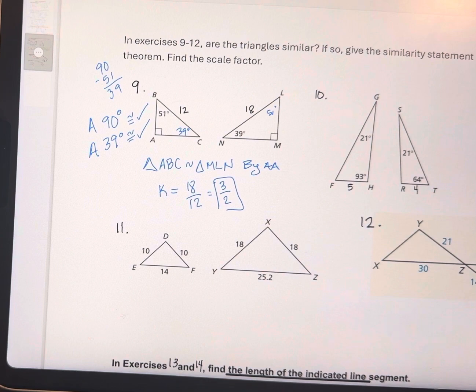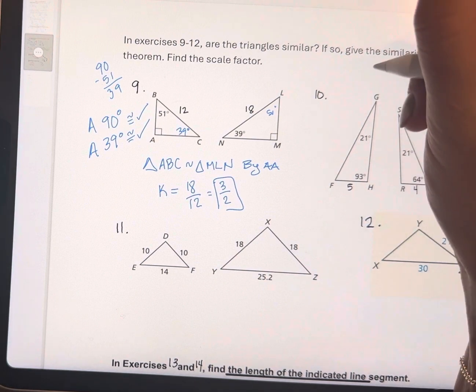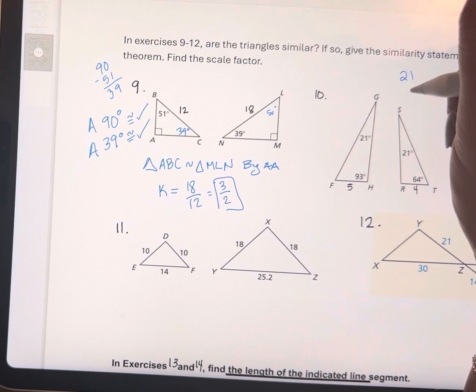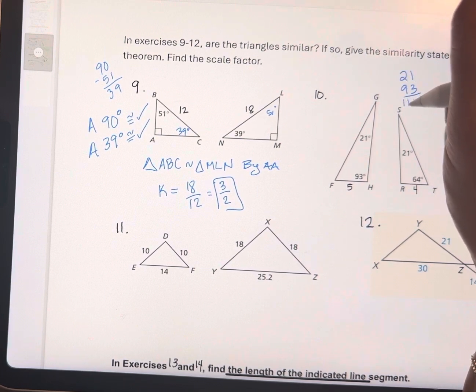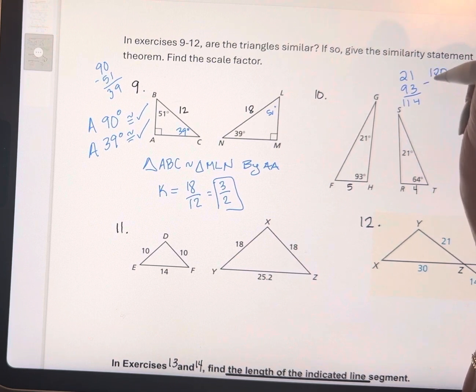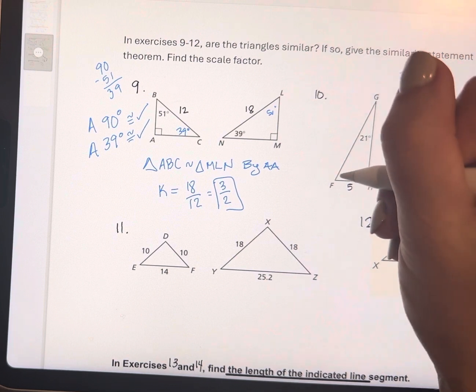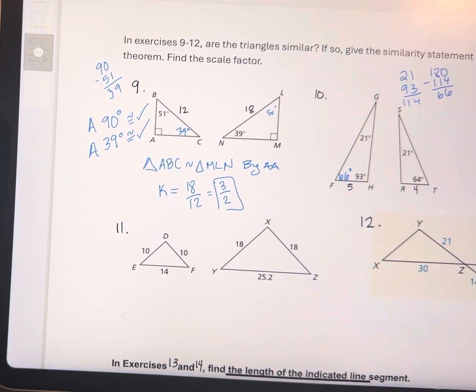Okay, over here, I have these triangles going on. So this one has 21 and 93. That's 114, and then 180 minus 114 is 66, and that's a 7 minus 1 is another 6. So this angle is 66.